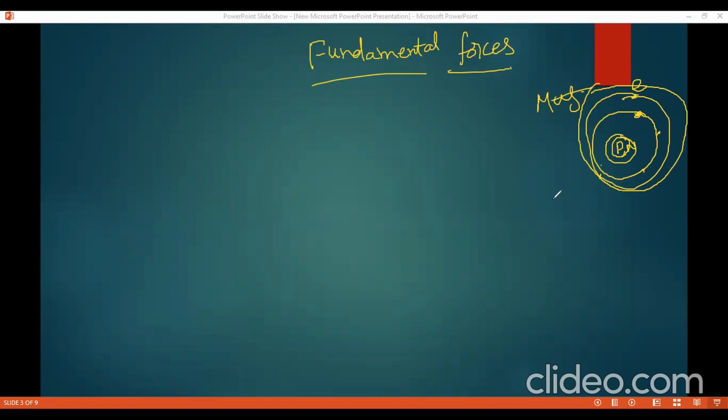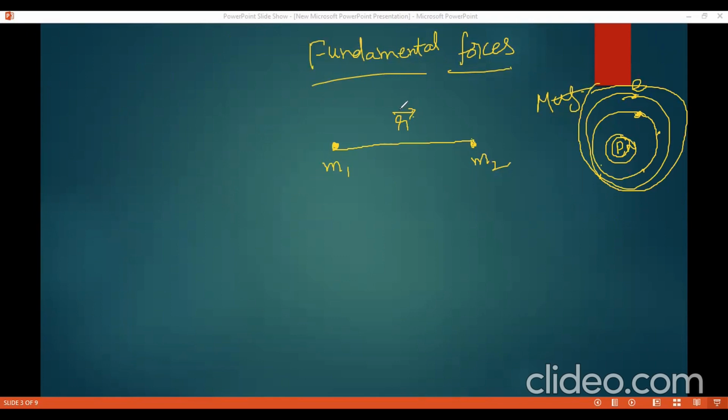the force of interaction between two masses, let us take two particles having masses m1 and m2. They are separated by a certain distance, and you take the position vector r, a certain distance r.